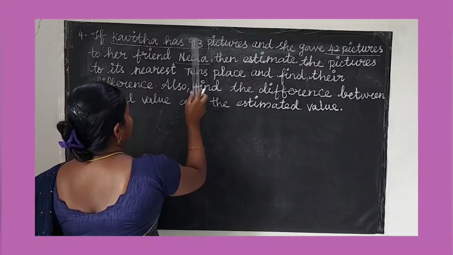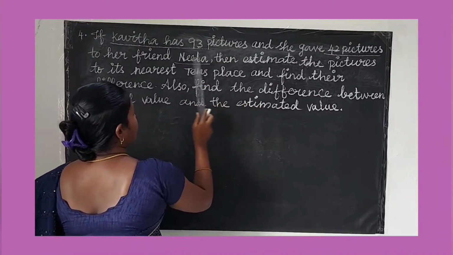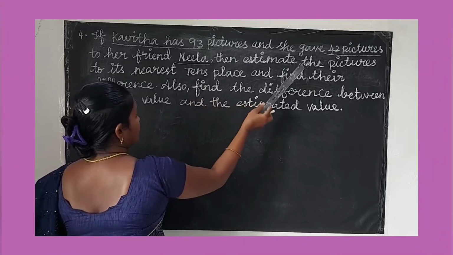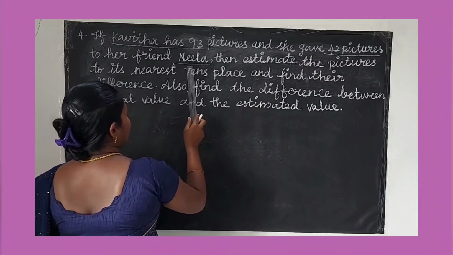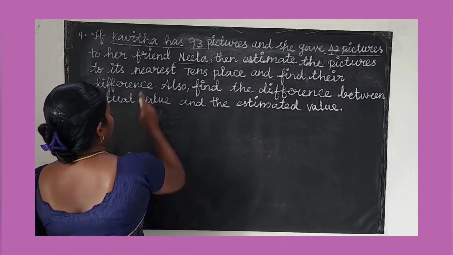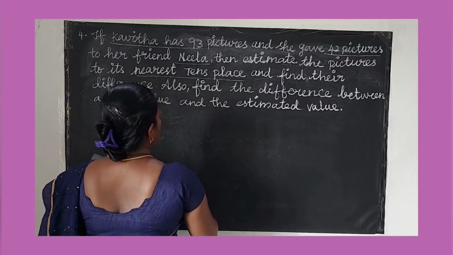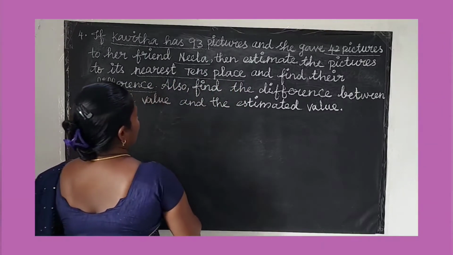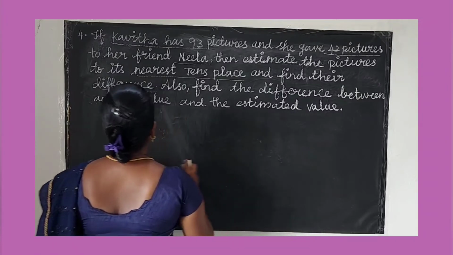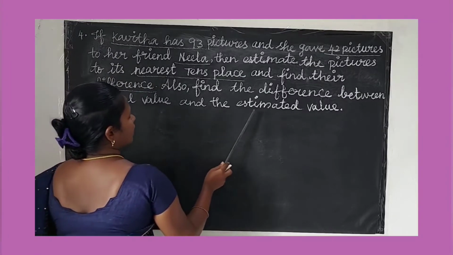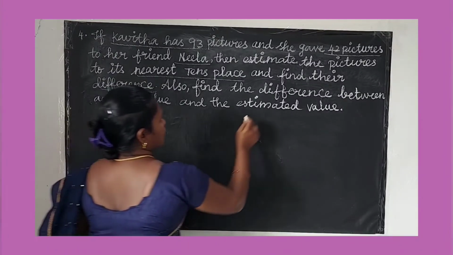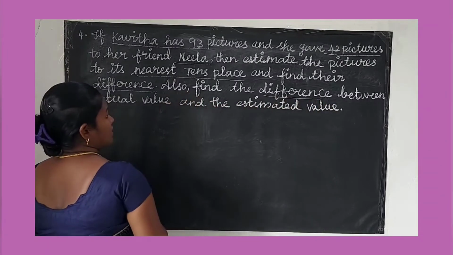We have to subtract this value from the total value to get the answer. Then we find the nearest tens place value and find the difference between the actual value and the estimated value. Difference means the sum is subtraction.